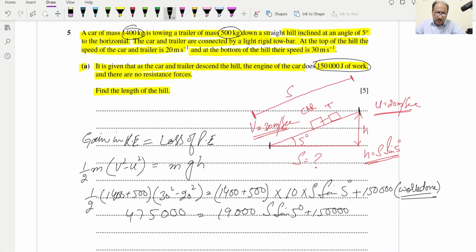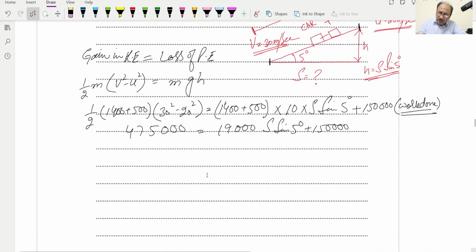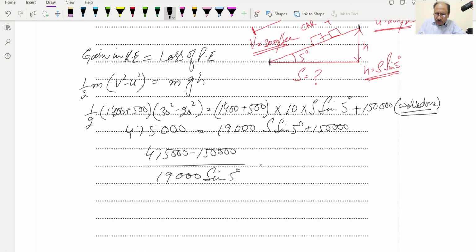Now we can shift this to the other side, so it will be 475,000 minus the work done term, and this 19,000 also we can shift to the other side, and sine of 5 also we are shifting, so we'll be getting s only.